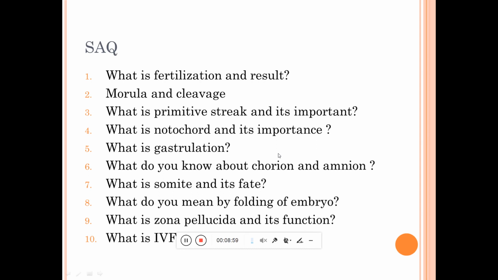At the end, for short answer questions, you must know what fertilization and its results are, what morula and cleavage are, what the primitive streak and its importance are, what the notochord and its importance are, what gastrulation is, what you know about the chorion and amnion, what somites and their fate are, what you mean by folding of the embryo, what the zona pellucida and its functions are, and what IVF and surrogate mother are.